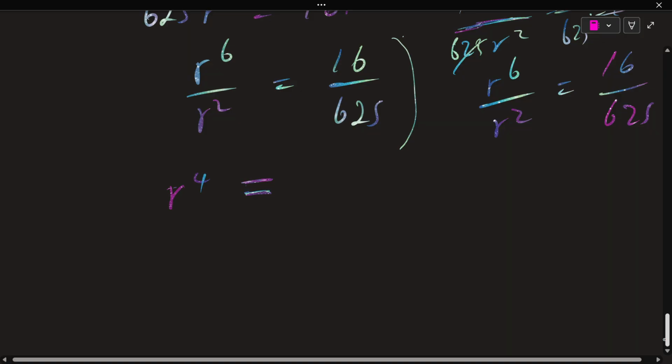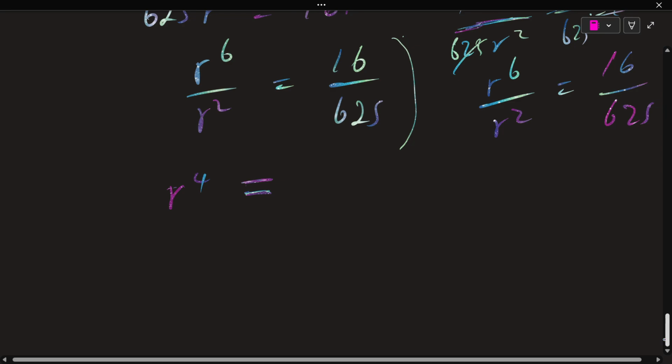To carry on, since we have exponent 4 on this side, we have to raise 16 over 625 to an exponent 4. We need a number that we can raise to exponent 4. Let's start with 16.